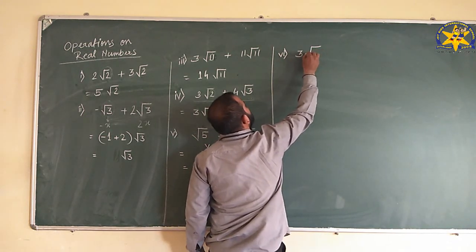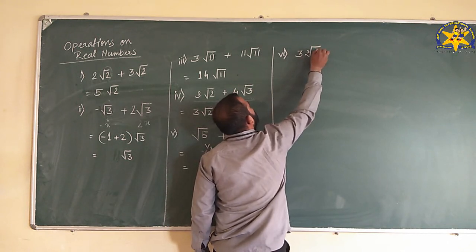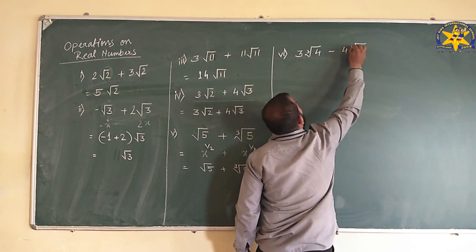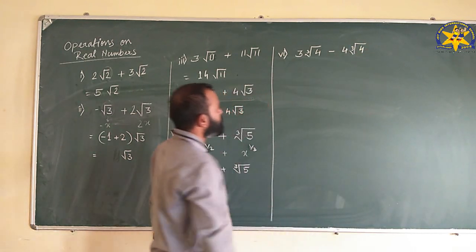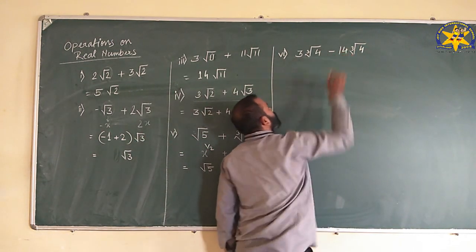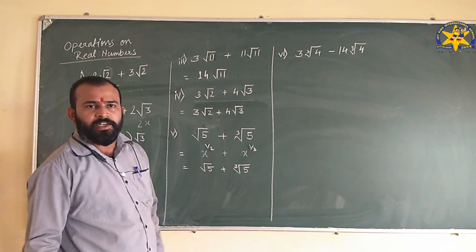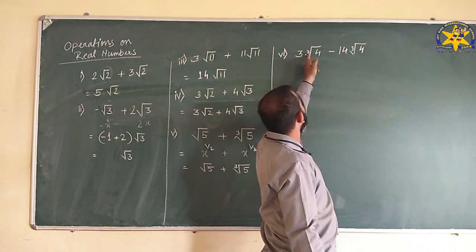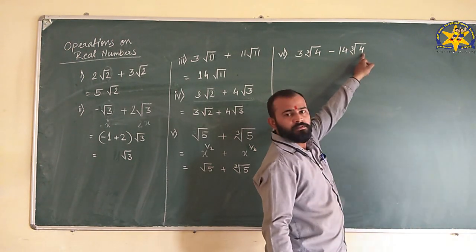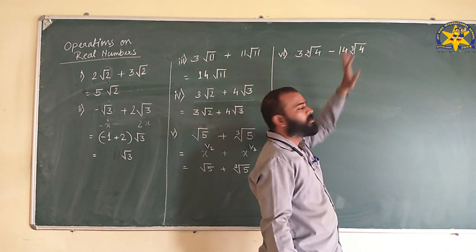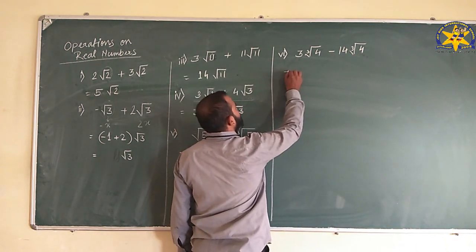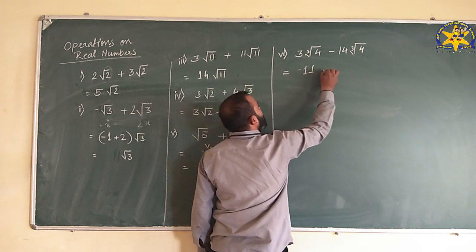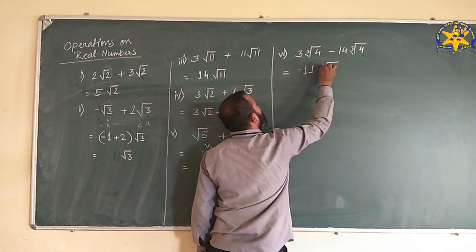Three cube root of 4... So it will be 11 cube root of 4.